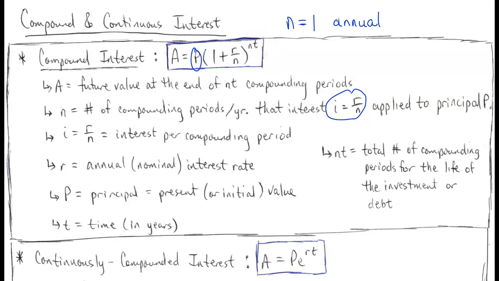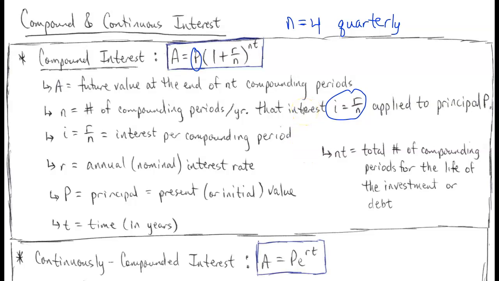Now, if we wanted to compound 4 times a year, then you're compounding quarterly. Since there are 12 months in a year, at the end of every 3 months, we're taking whatever interest has been earned during that time and adding it on to the principal, and whatever that amount is plus the principal becomes the current A value or future value.